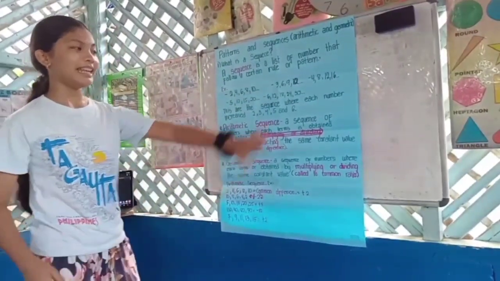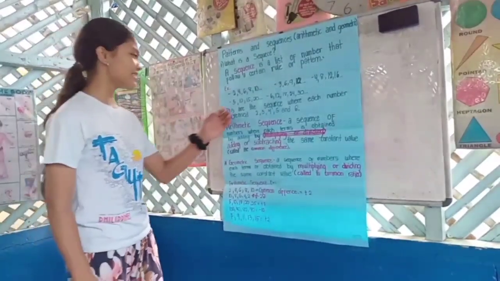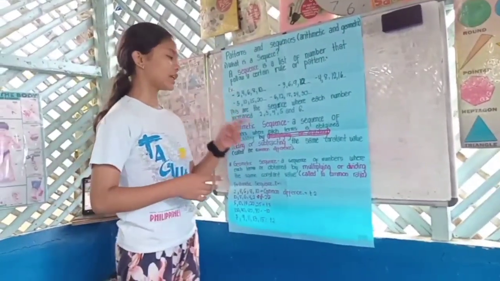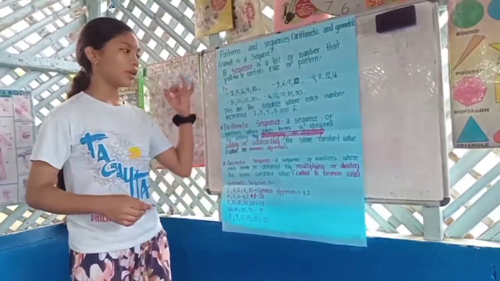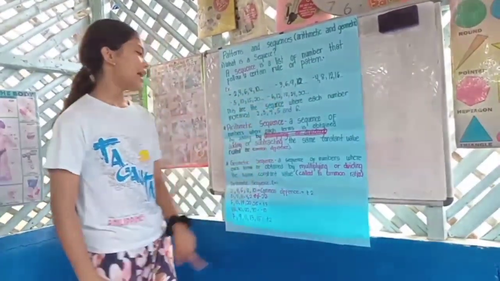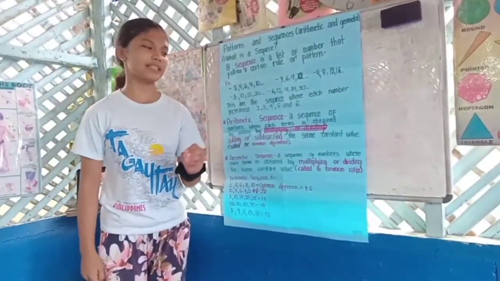I will not read them all, but these are sequences where each number increases by 2, 3, 4, 5, and 6. Now, let's have the arithmetic sequence.